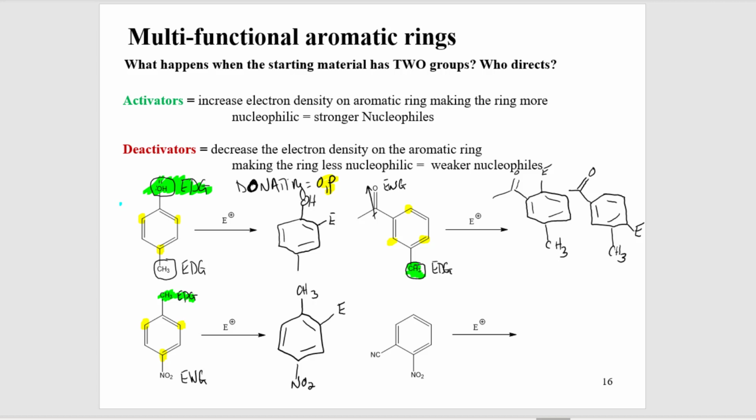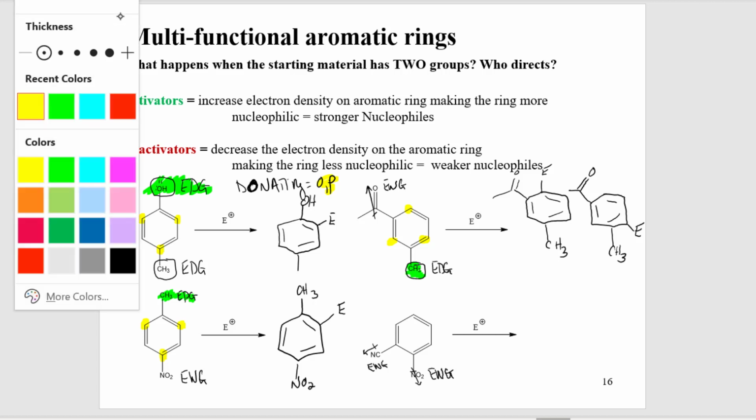How about this last one? We've got CN, which is C triple bond N, which is an electron withdrawing group. And we have NO2, which is one of the strongest electron withdrawing groups. So the one that's the lesser of the two evils, I wouldn't even call it, I'm just highlighting the boss. These are two very weak bosses, but the nitrile is a weaker deactivator, right?